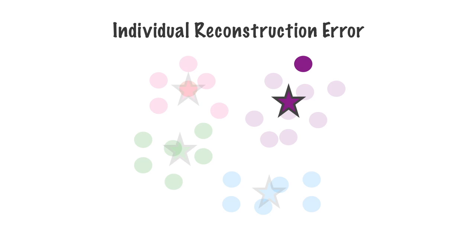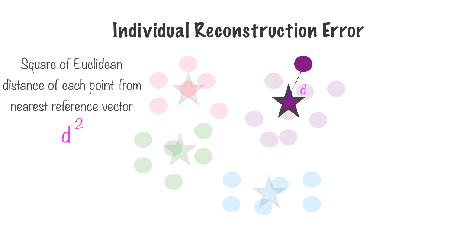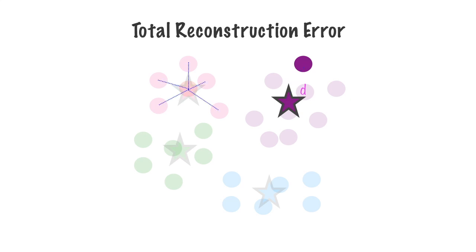Let's say these are the points in our n-dimensional space. These are the cluster centers represented by stars, and we're using Euclidean distance to measure the distance between a point and the cluster center. If the Euclidean distance is represented by d, then the square of the Euclidean distance of each point from the nearest reference vector is d squared. Calculate the Euclidean distance from all cluster centers to all points which belong to that particular cluster and square their values.